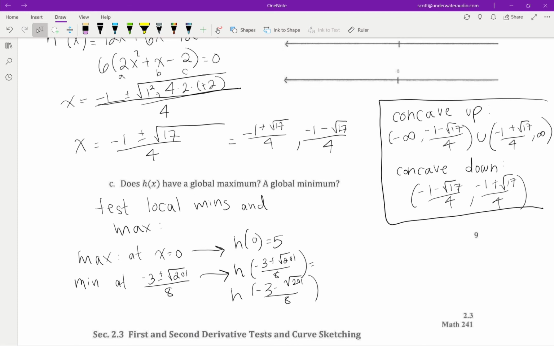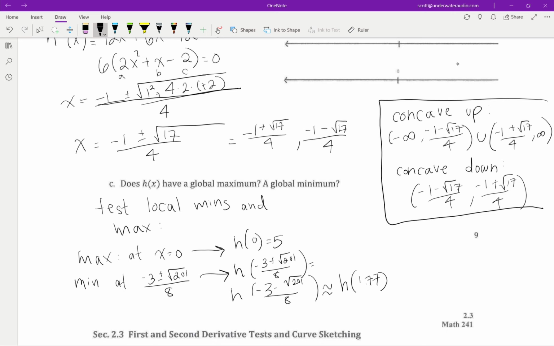So -3 minus square root, let's see. Okay, so this is approximately the same as h of 1.77.